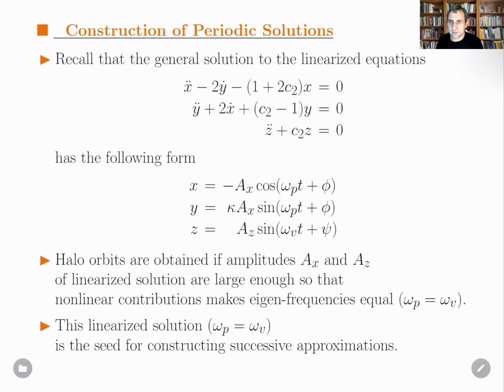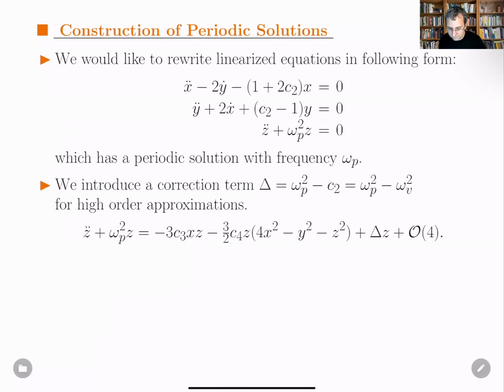So going back to just the linearized equations that, remember, had this form for their general solution, we're going to set the frequencies equal. We want omega p and omega v to be equal. We're going to just assume they're equal and apply the Lindstedt-Poincaré method. So what are we doing here?